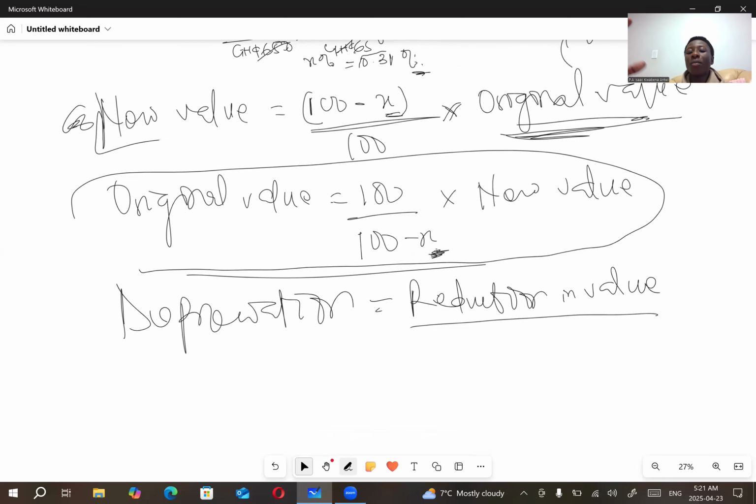So how can you tell me that after making X the subject, I will meet the word reduction in value? Oh no, you will not actually meet this, but what you meet will mean the same thing. What do you think you are likely to meet? After making X the subject, what do you think you are likely to meet, which means reduction in value?